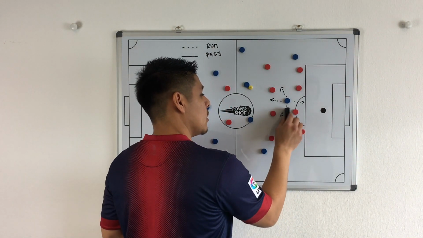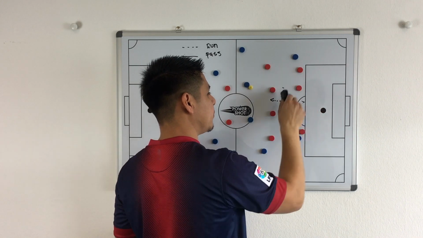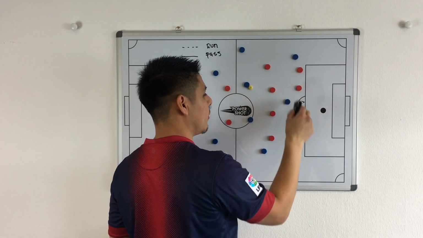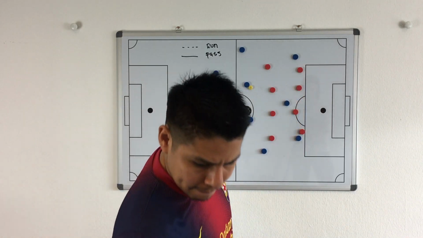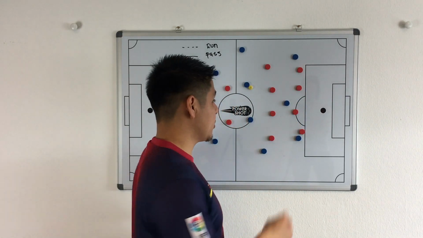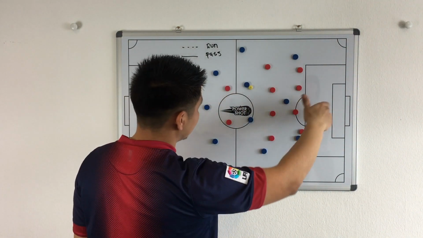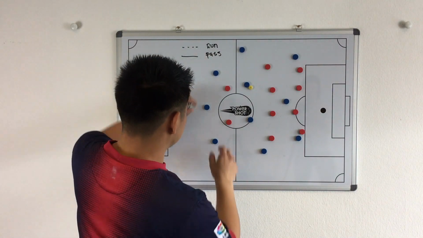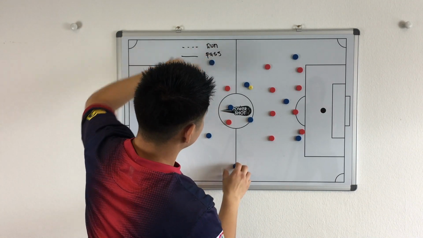Okay? So now, if we are in that type of situation where we're using our false nine and wanting to attack in this formation, so here, as you can see, we have a 3-4-3, which essentially derives from a 4-3-3.